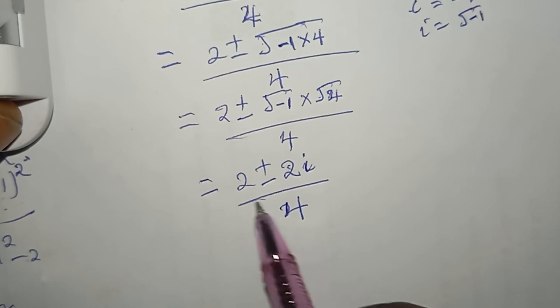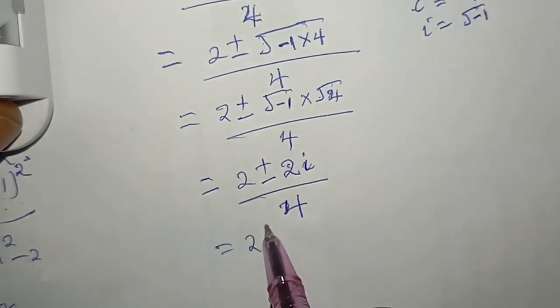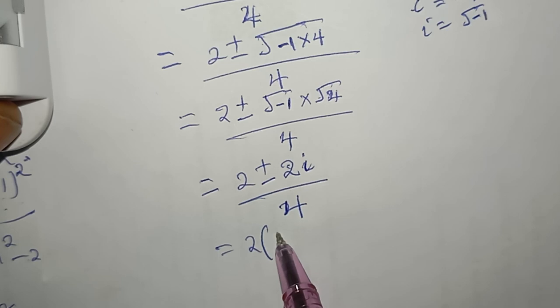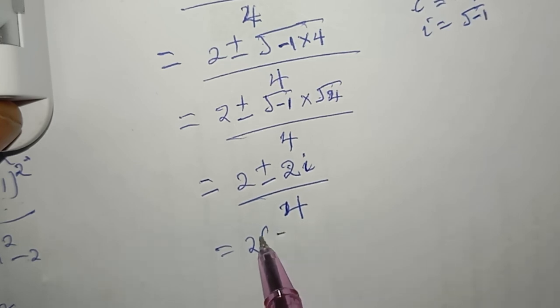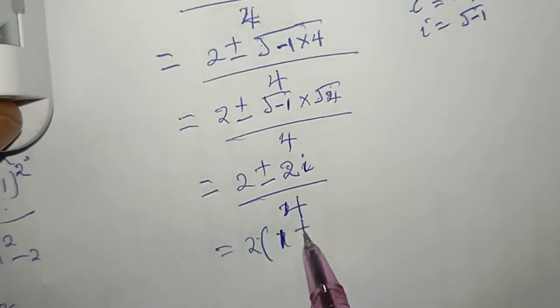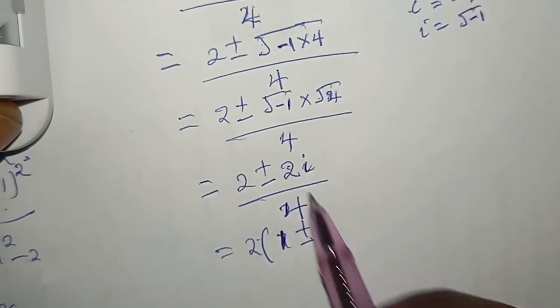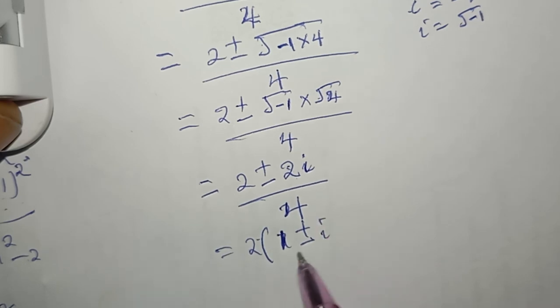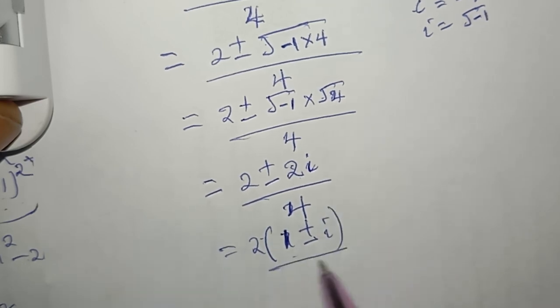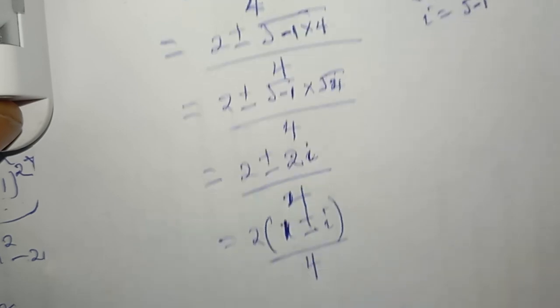Of course you can see here that 2 is common, so I'm going to factorize 2 out, and then we have 2 into 1 plus or minus i, where i will remain, all divided by 4.